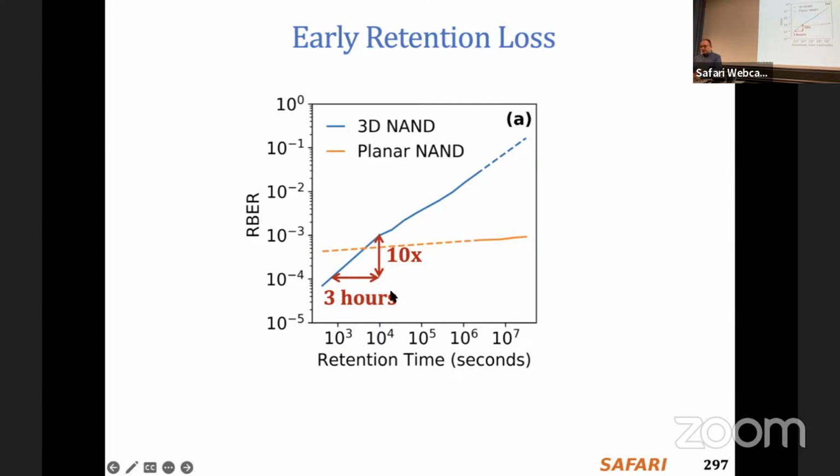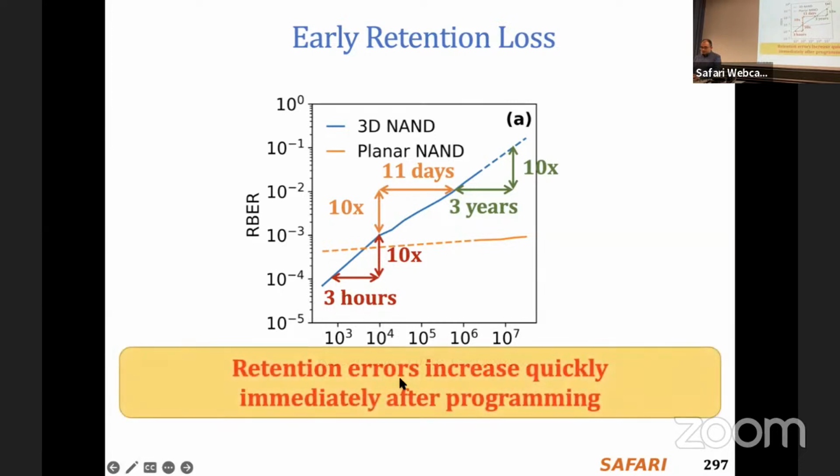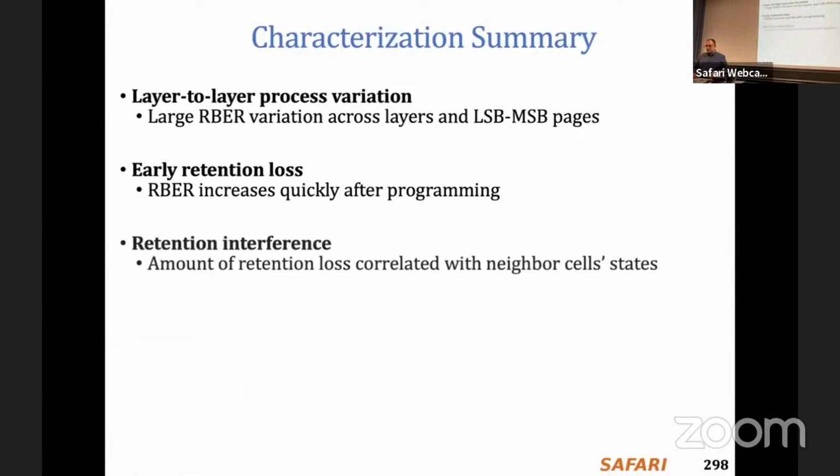So after 3 hours, we have 10 times higher raw bit error rate. And after 11 days, we have 10 times more. And after 3 years, we have 10 times more. So the speed actually gets slower as we go to the future, as we use our device. But it's very interesting that we call it this 3 hours, and that's why we call these early retention errors in the 3D NAND flash memory.